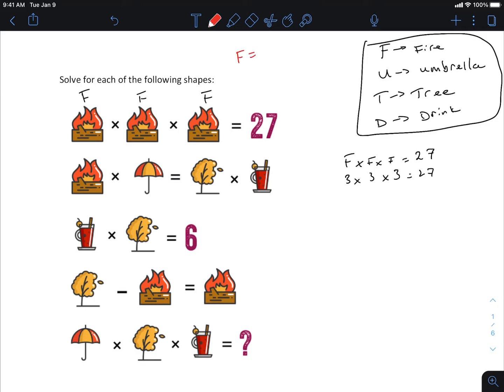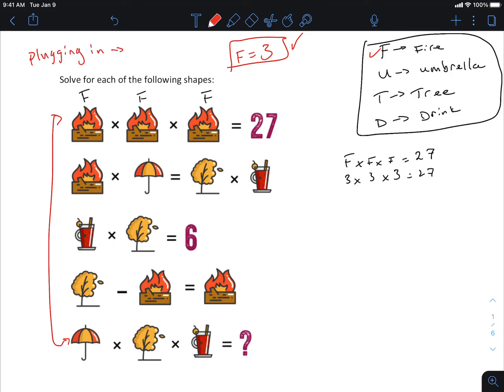So that must mean that I could make a little list here: F equals 3. Okay. Now your job, from this point forward, is to use that piece of information, because you've unlocked a piece of this puzzle, right? You've got one of the 4 things now. You know what F is. So anywhere you see an F in the rest of these pictures, you can plug in the value of 3 for F. This is what we're calling plugging in.